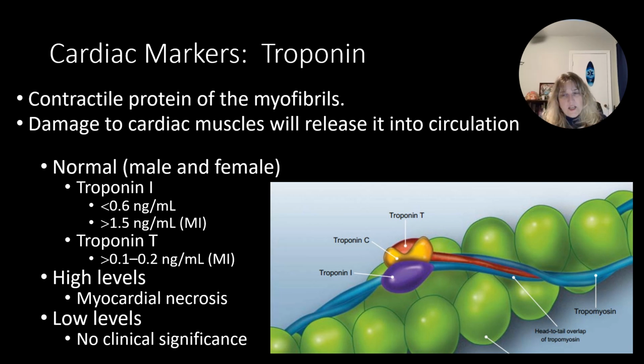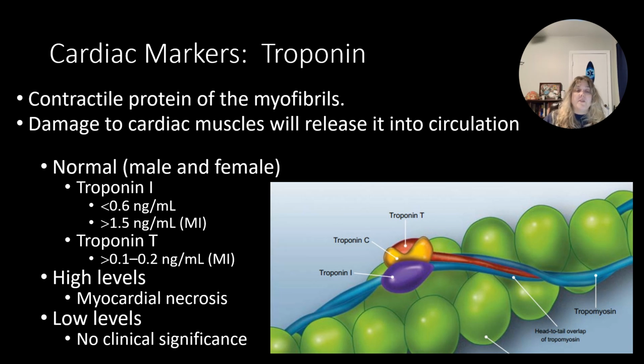So anyway, troponin is considered a contractile protein that's involved with the myofibrils. And if you have damage to any type of cardiac muscle, then you're going to release troponin into the bloodstream. Your normal levels of troponin, you can see you have different types here. Troponin I is less than 0.6 nanograms per milliliter.